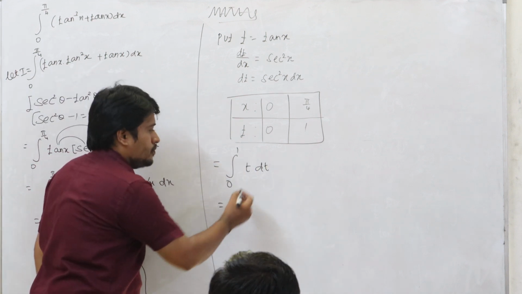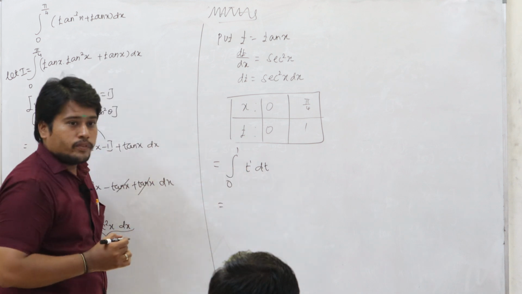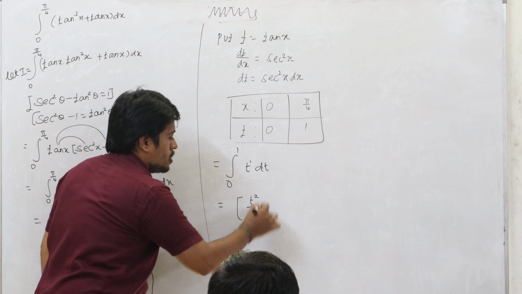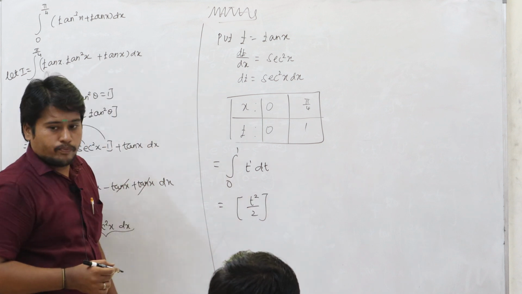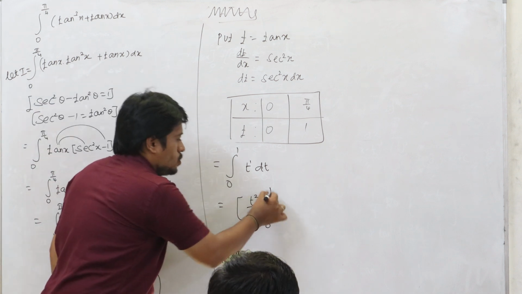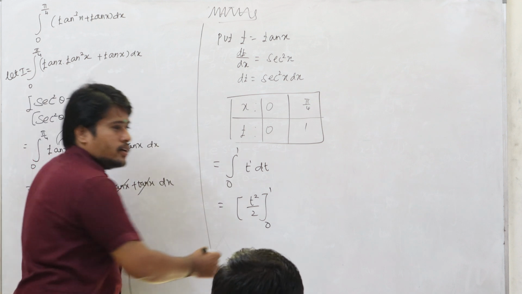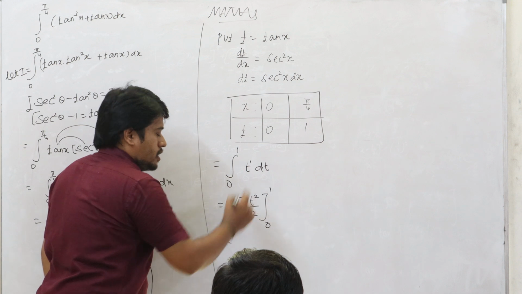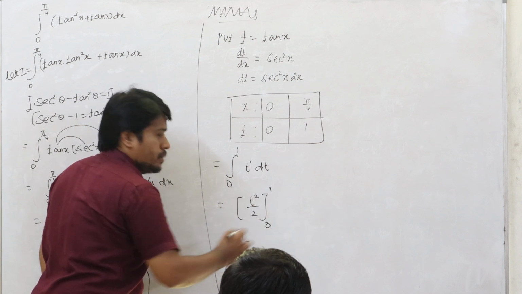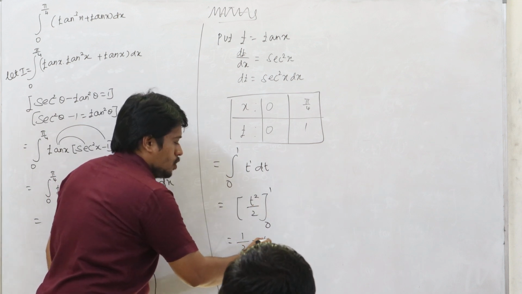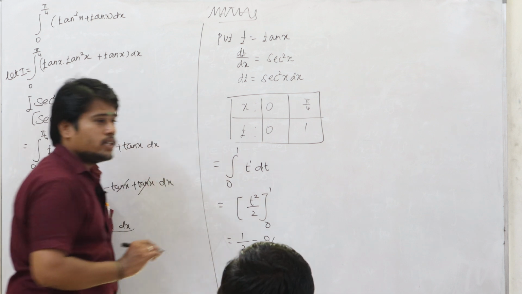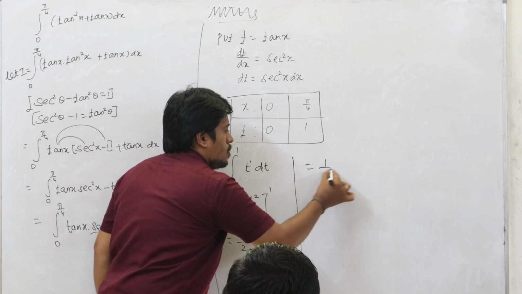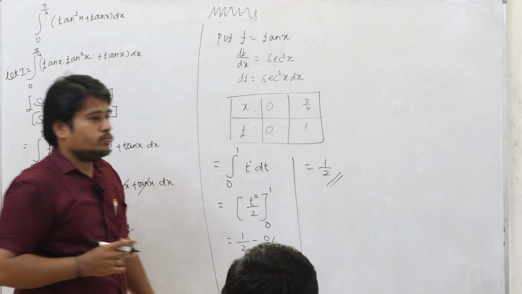To integrate, this is t power 1, and its integration is t power 2 divided by 2, that is t square divided by 2 with the limit 0 to 1. Apply the upper limit: 1 square is 1, so 1 by 2, minus the lower limit, which is 0, and finally we get 1 by 2.